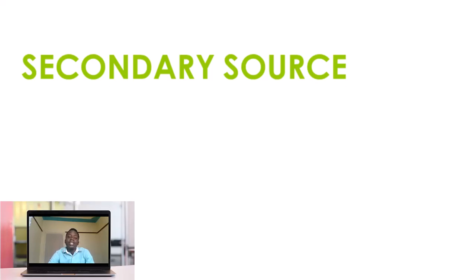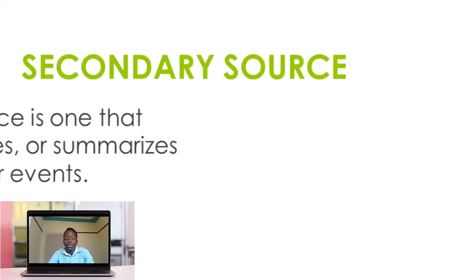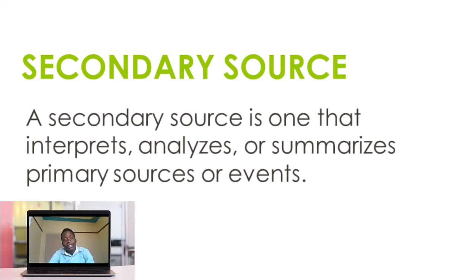So now, what is the secondary source of information? That's one thing you also have to know, the definition of the secondary source of information. We say that a secondary source is one that interprets, analyzes, or summarizes primary sources of information or events.